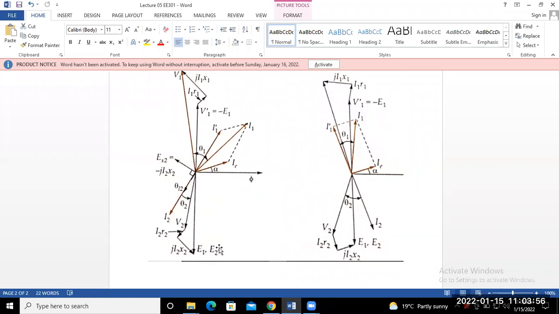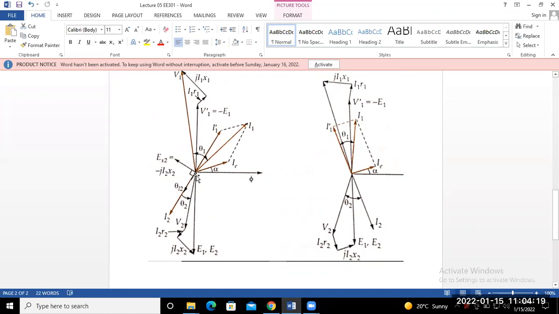I think you are already familiar with how we can draw the phasor diagram of the voltage drop due to the resistance and reactance.